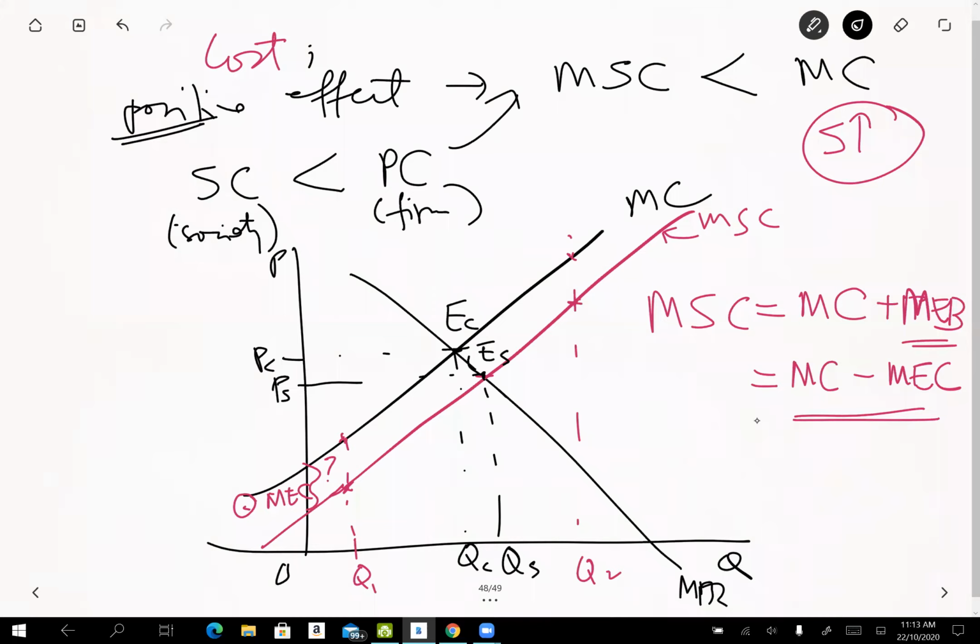You will see QS is larger than QC, and PS is smaller than PC. That's true. So that means the market underproduces the good. The society wants more. So that would be the discussion on the effect.